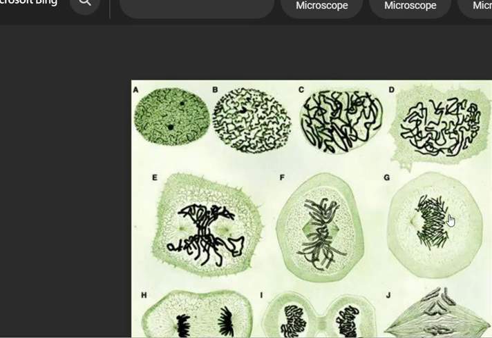And so that's what you're seeing here. And you can actually see the microtubules pulling. So these are real pictures, and it's kind of neat. And so prophase, metaphase, anaphase, and there's telophase. And here is cytokinesis, right there, where it's going to split into two cells.